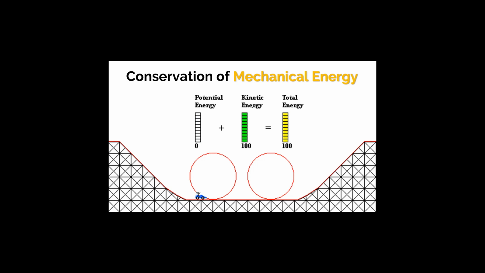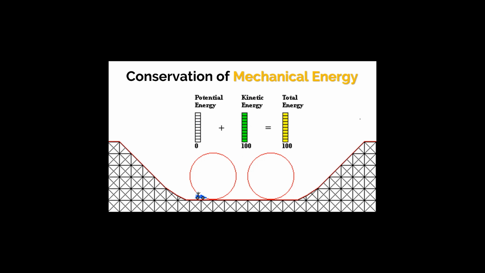So if the object slows down, its kinetic energy will decrease, and it will be converted back into potential energy. If its speed goes down, its kinetic energy also goes down, which will return into potential energy.